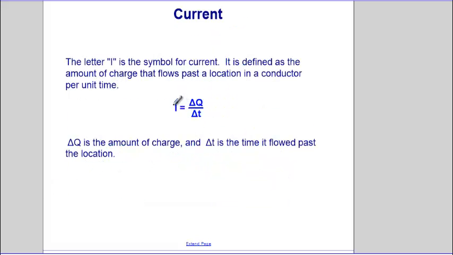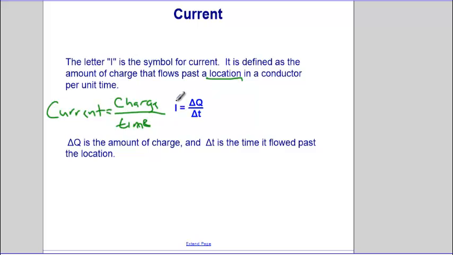The definition of electric current is that, and I'll put this into words, current is how much charge moves past or through some point in a wire, past a location, per unit time.